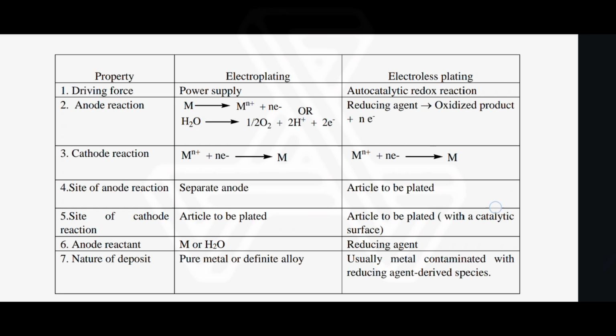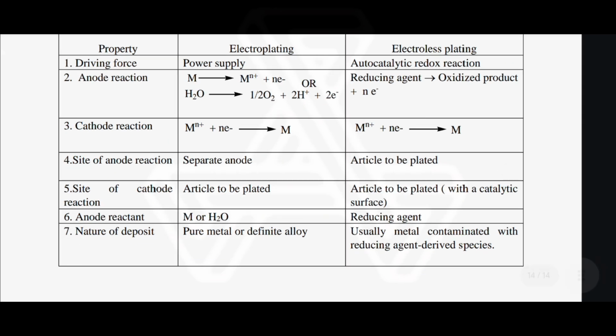Anode reactant: M or H2O in electroplating; the reducing agent in electroless plating. Nature of deposit: pure metal or definite alloy in electroplating; usually metal contaminated with reducing agent species in electroless plating.